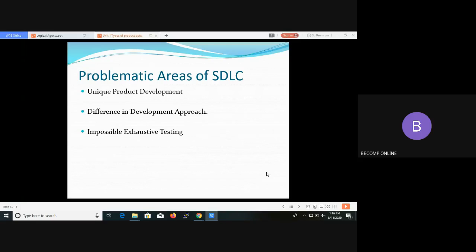This is the problem we found in unique product development. Now, difference in development approach: this is the approach of developing software, which varies from organization to organization.